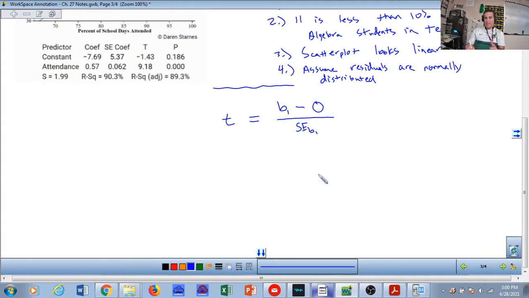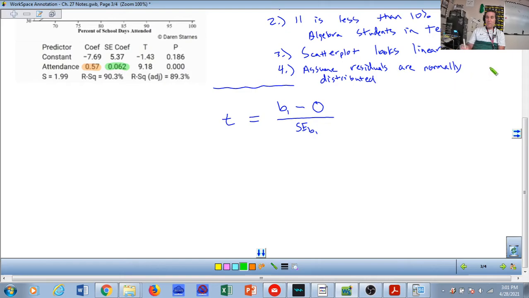So you're saying, wait a sec, Mr. Sheldon, this is all given to me in the printout. Yes, it is all given to you in the printout. I like it a lot. So you just look and there is your slope because attendance was the x variable, so the coefficient of the x variable is my slope. And your standard error of the slope is right there.